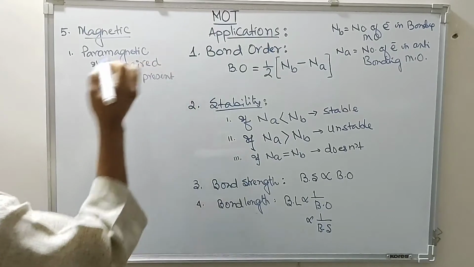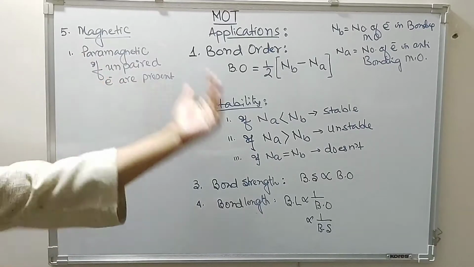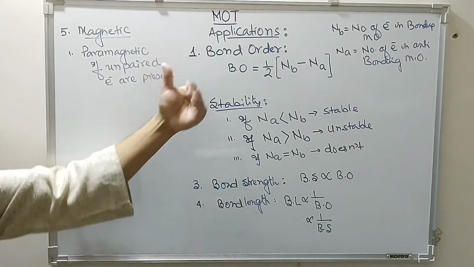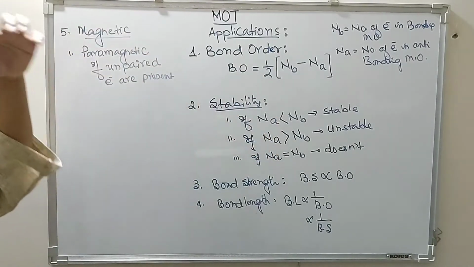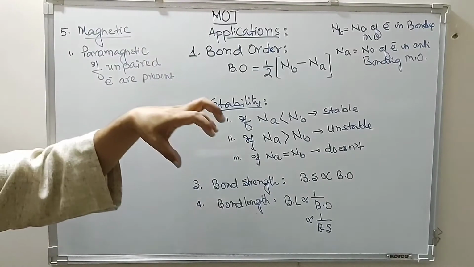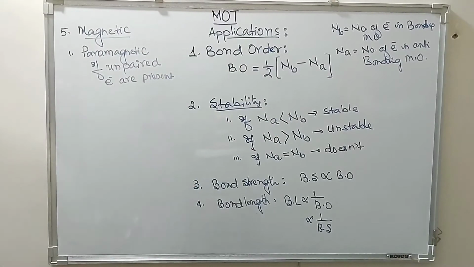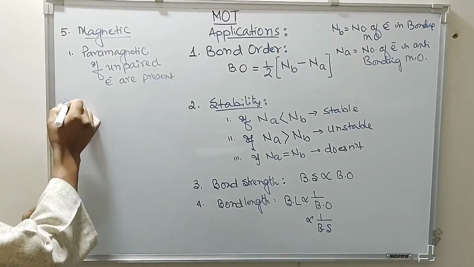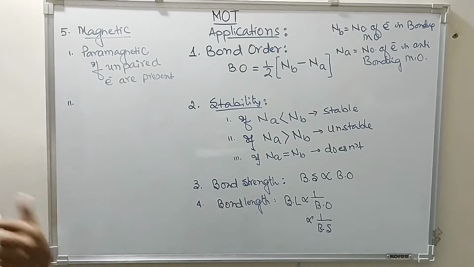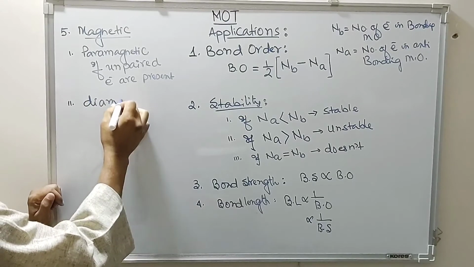So while writing the electronic configuration based on molecular orbital theory, if any molecular orbital contains an unpaired electron, then that molecule will show paramagnetism. That means it will be attracted by an external magnetic field. But if all the electrons are completely paired up, then it will show diamagnetic property.